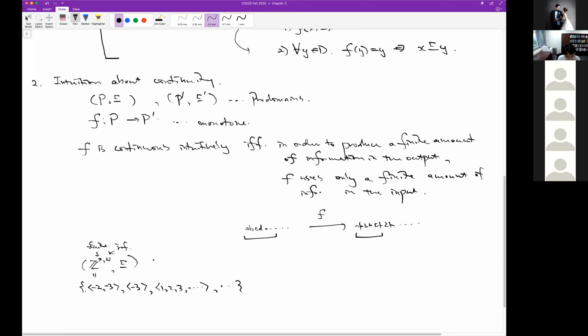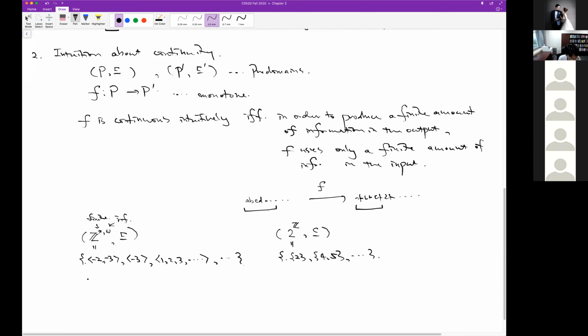So this is one pre-domain. Another pre-domain is the power set of the natural numbers, where the order is the subset relationship. This power set has elements like {2, 4, 5} and so on, and you can also have infinite sets, with subset as the order.